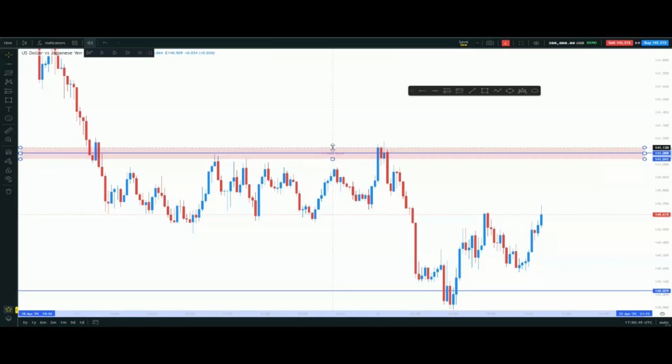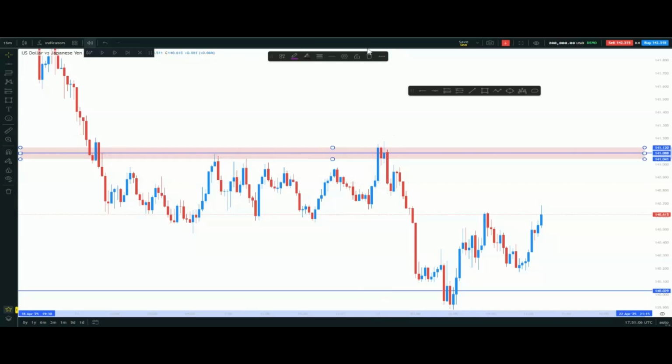So this is the key area of resistance, right? Price broke under this and then retested it multiple times, but you wait for a confirmation. A major confirmation here was the close of the pin bar on the 4-hour time frame, which is this bearish engulfing candle right here.